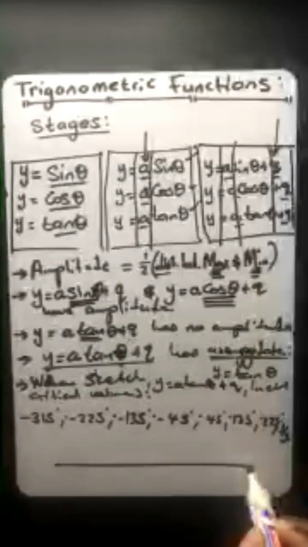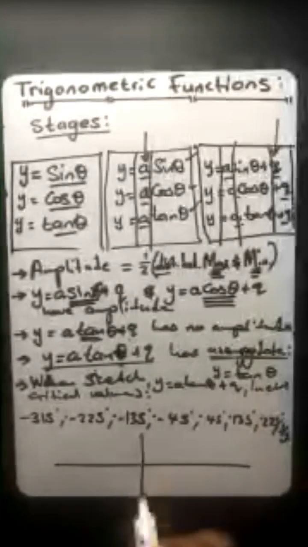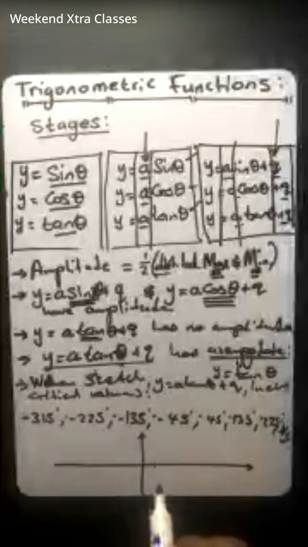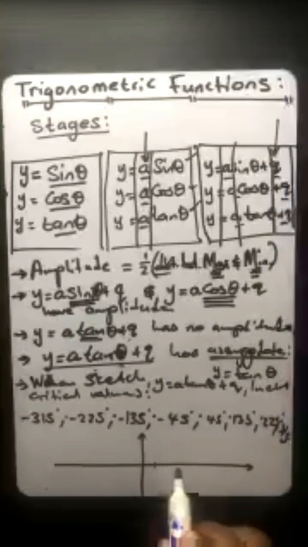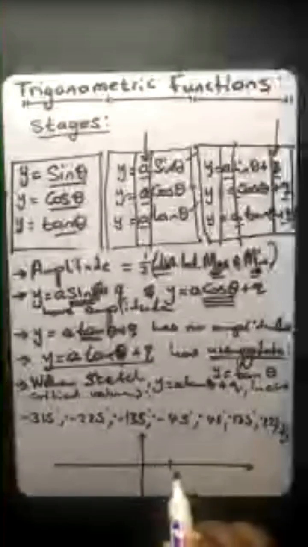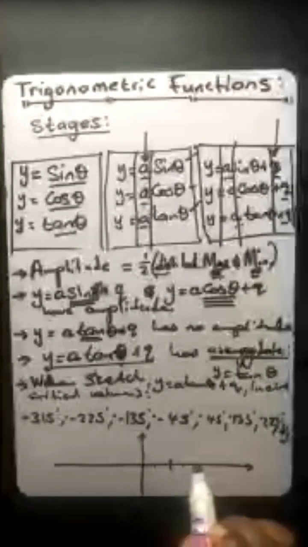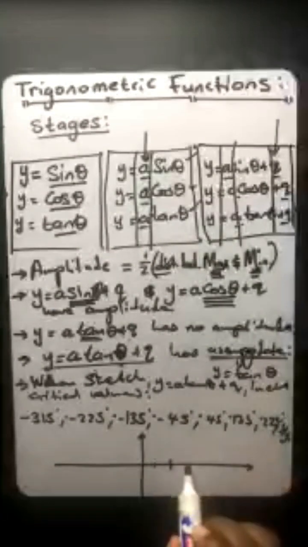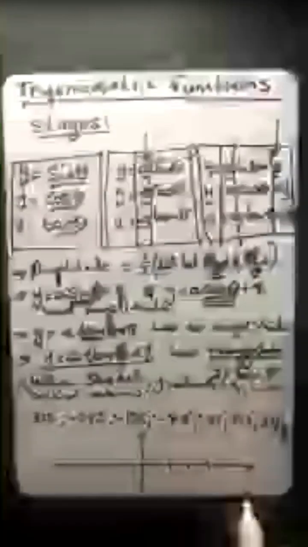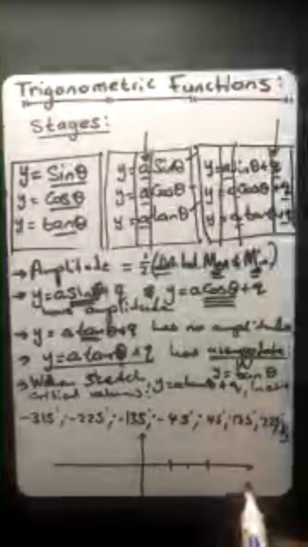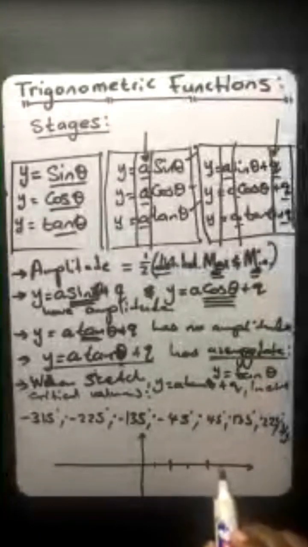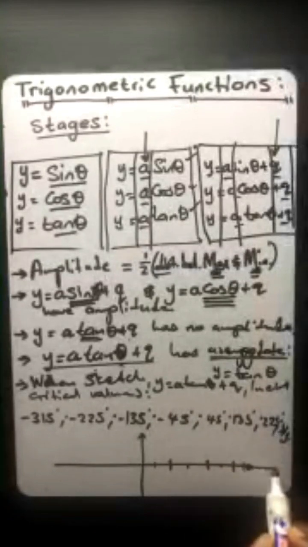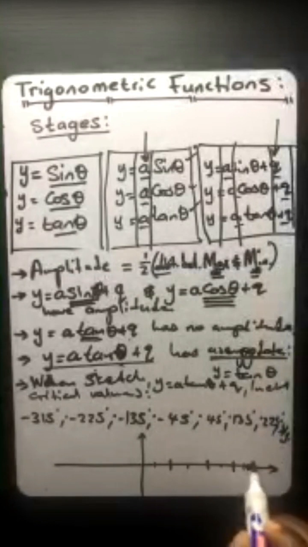Remember, when you sketch, you're going to have your x-axis. These are the critical values. That 45 there, obviously it's going to be 90 there. After 90 you add another 45, it takes you to there, and then another 45 is 180, then 180 plus 45 takes you to there, then from there 270, then up to 360.